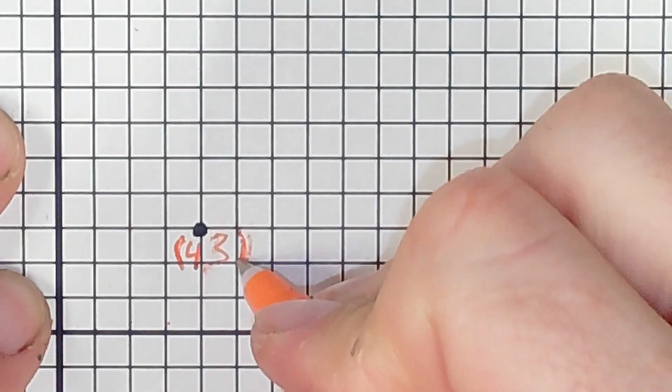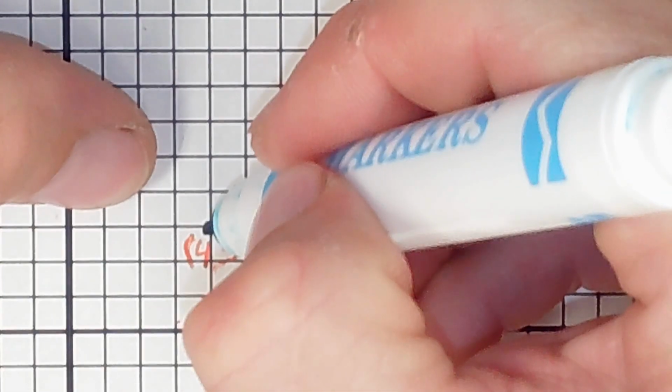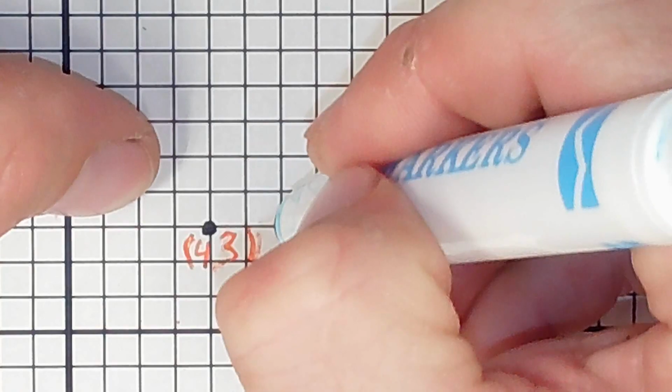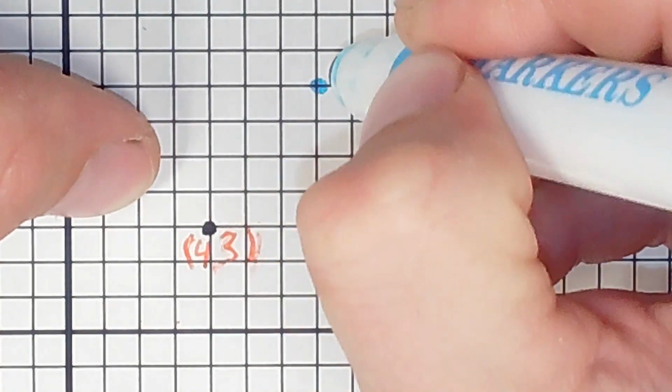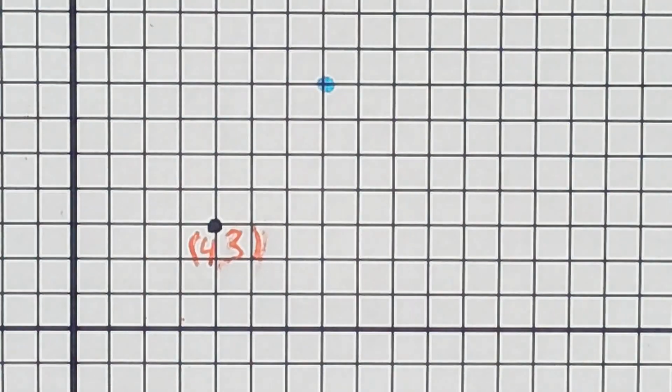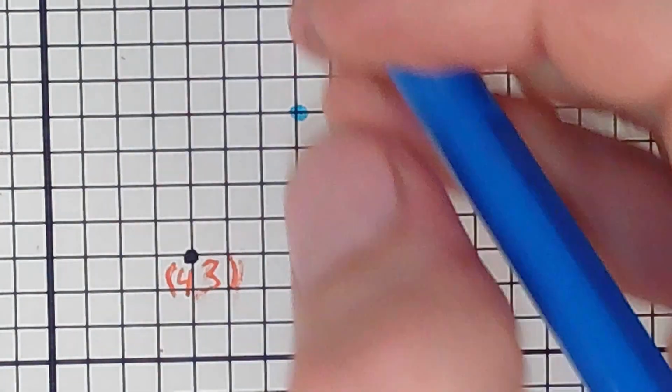And then I'm going to pick another point, and we'll say that it's, I don't know, maybe 3 over and 4 up, 1, 2, 3, 4, like there. And I would ask you, how would I figure out that point without counting from the origin? What would that coordinate point be?